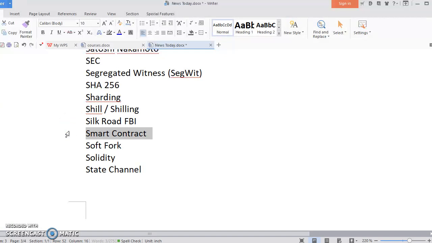Then smart contracts. These are contracts that run on their own based on computer code. They don't need any interference from a human party. Let me explain it very simply. What is a contract? A contract involves parties, maybe two parties, and then you have an entity that is going to serve as an arbiter.